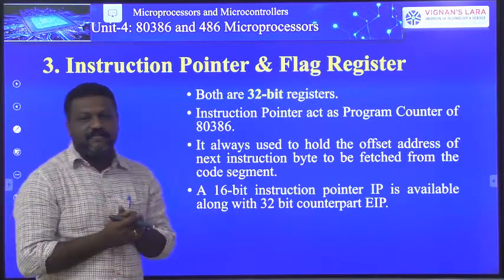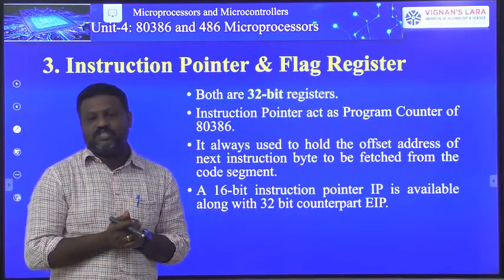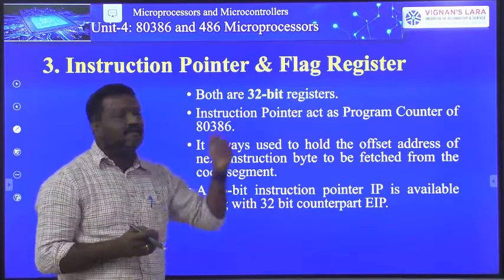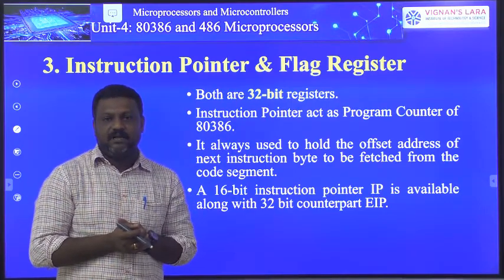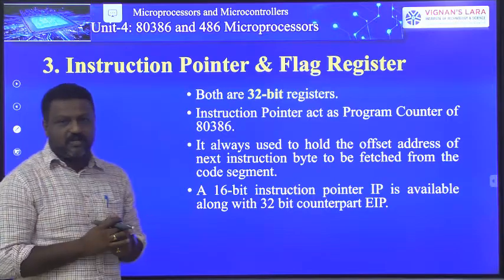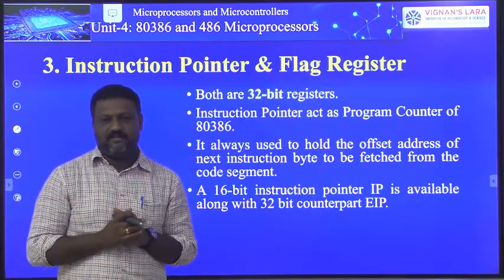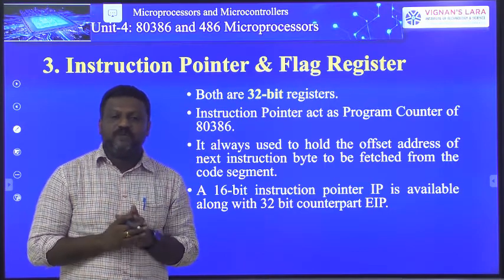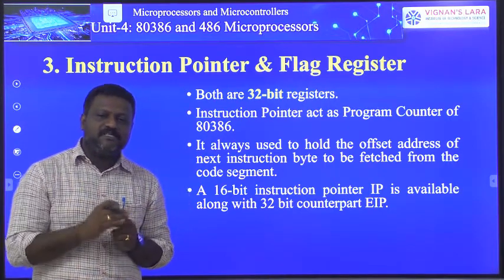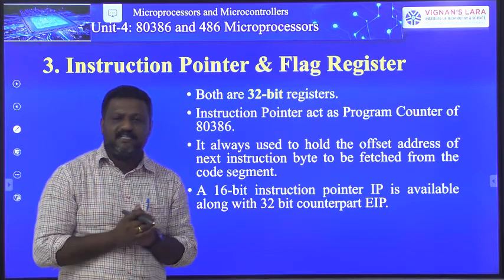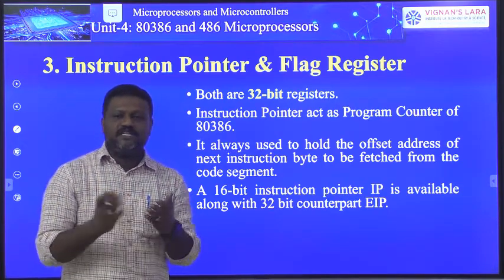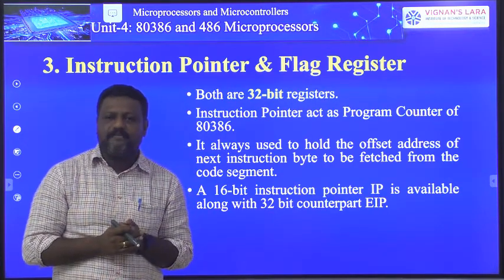The third variety of registers are the instruction pointer IP and the flag register. First of all, we'll discuss the instruction pointer, and later the flag register. What is the instruction pointer? Again, remember the 8086 concept. In 8086, we have an instruction pointer register IP.